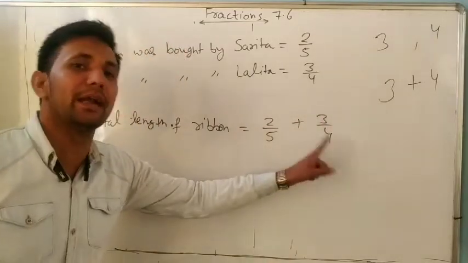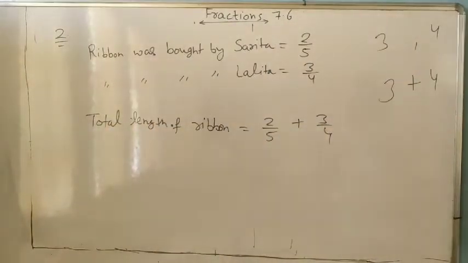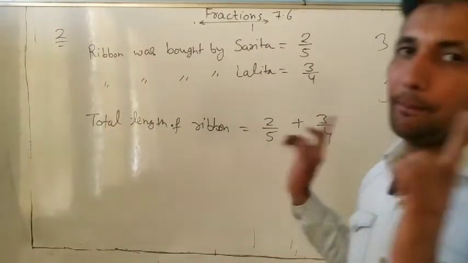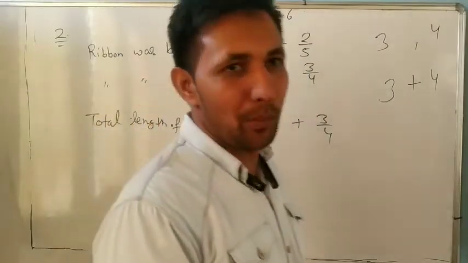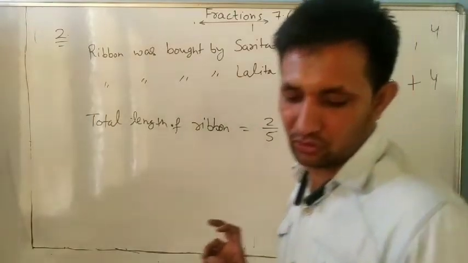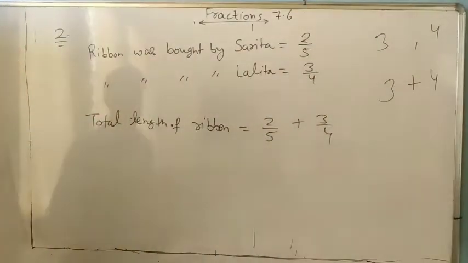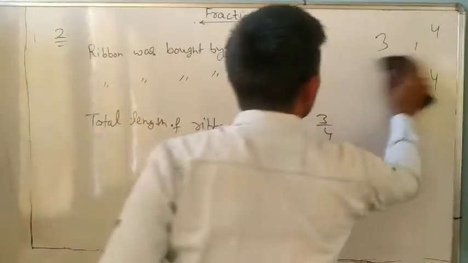We will add, and that is your answer. And if the answer comes as an improper fraction, then you have to write it as a mixed fraction. So do this question yourself. It is very easy, you only have to add, and you already know how to add fractions.